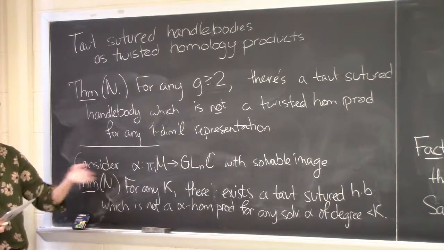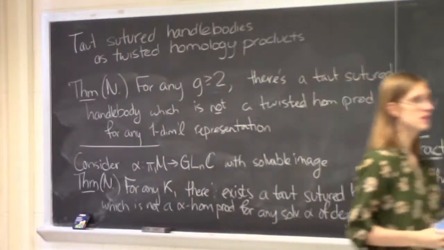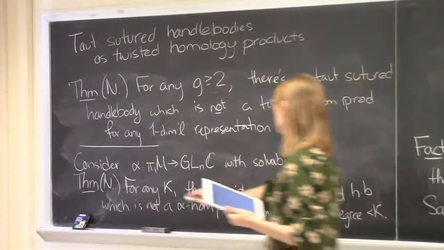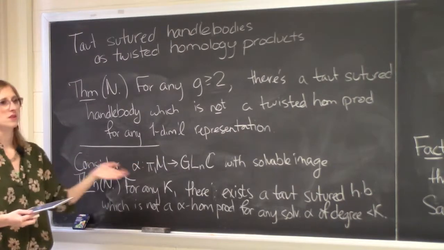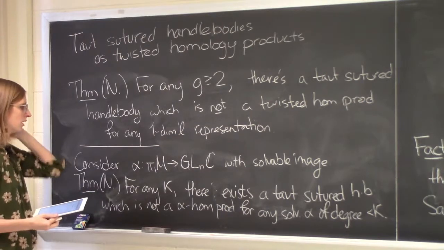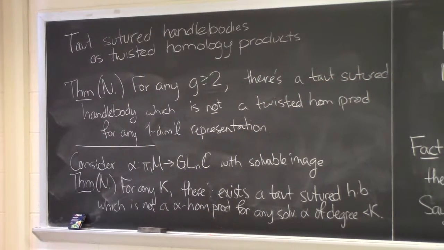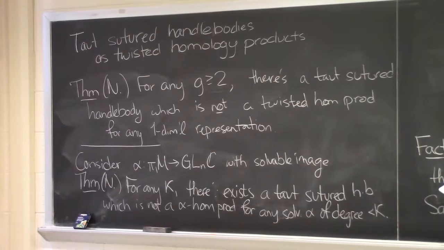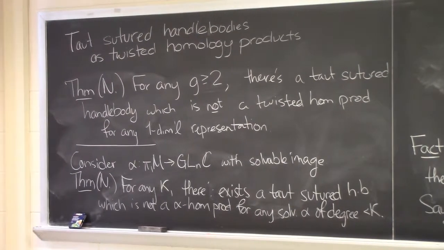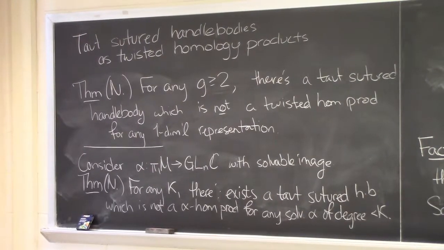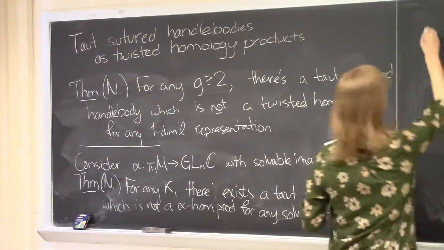And in particular, when I'm considering specifically representations to GL_N(C), I know what the solvable subgroups of GL_N(C) look like, and there's a bound on the degree of a solvable subgroup of GL_N(C). So needing arbitrarily high degrees of solvable representations for these examples also blows up the dimension of my representation.